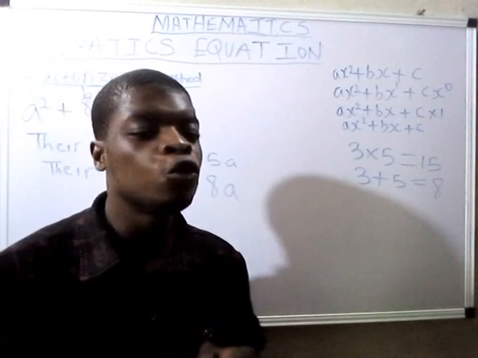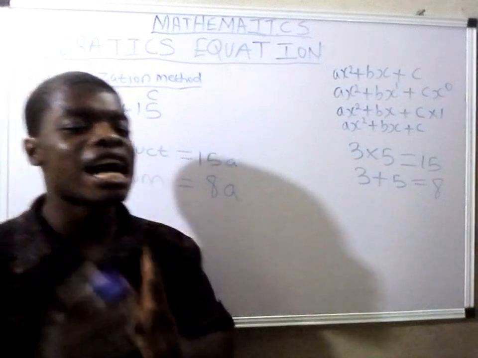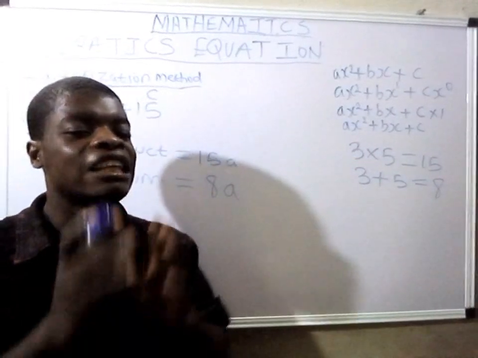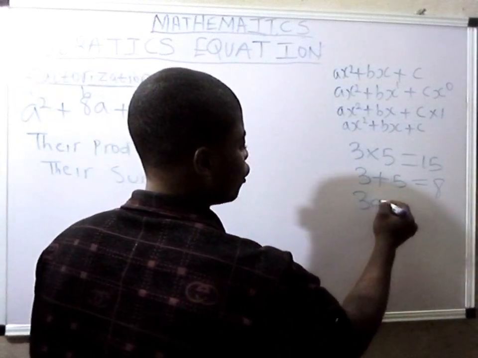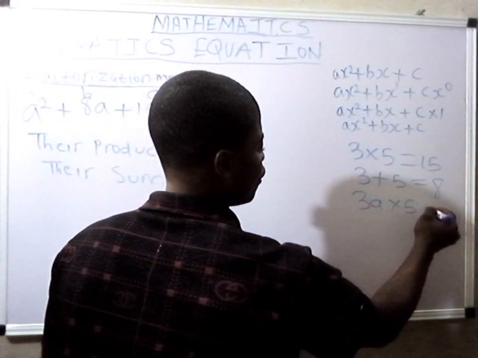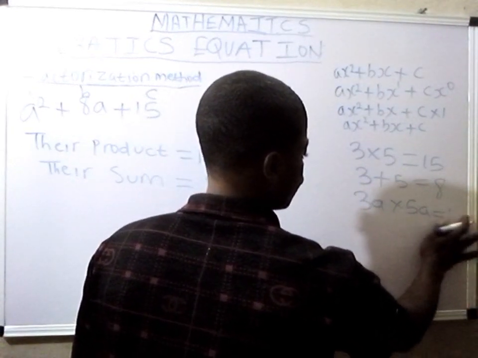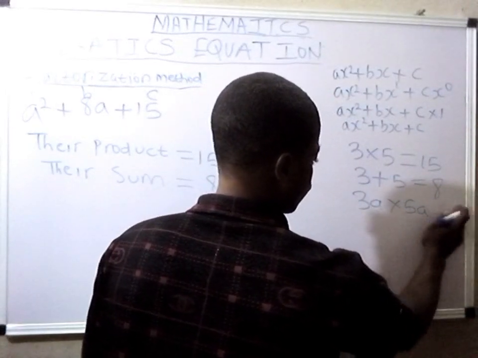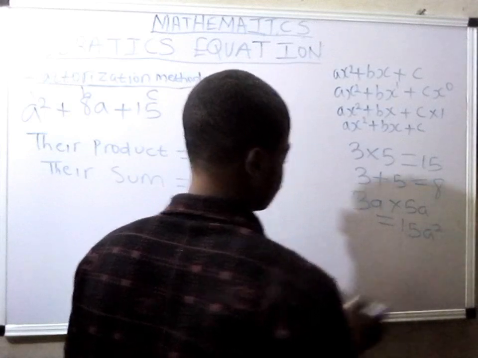So looking carefully, these two numbers are correct and can work for this question, but we have to add the variable by saying 3a times 5a equals 15a square.